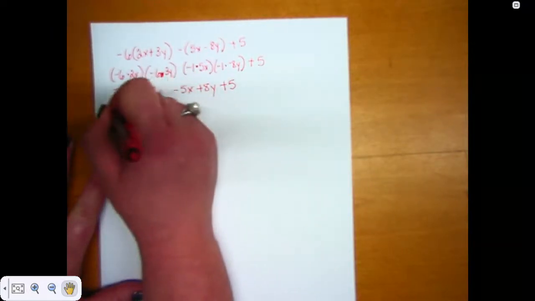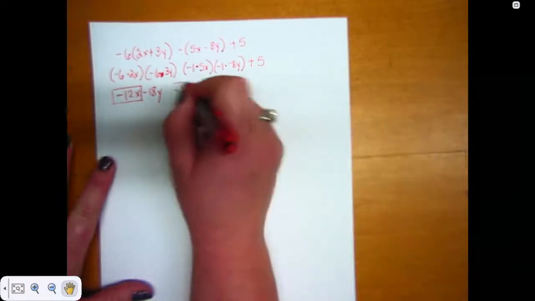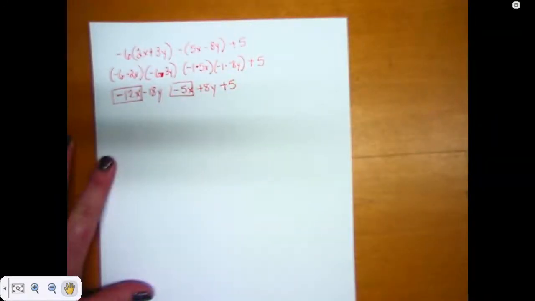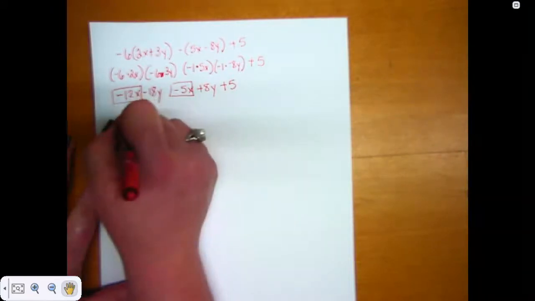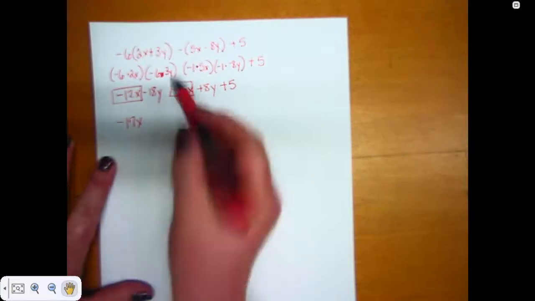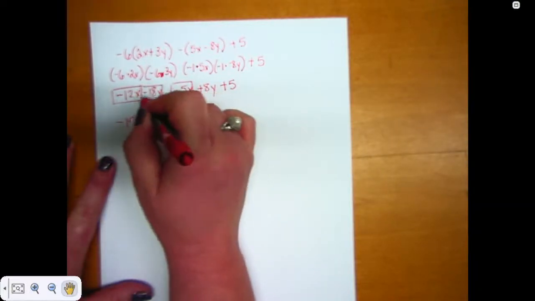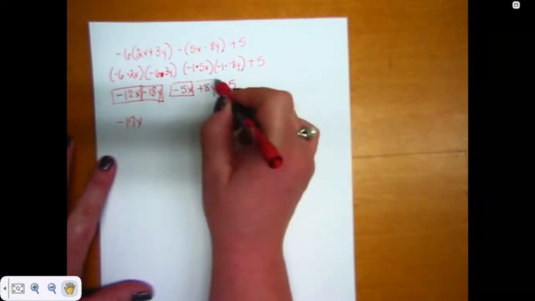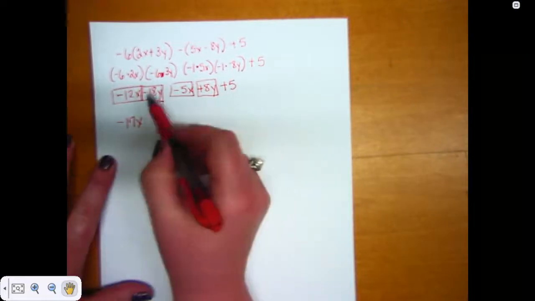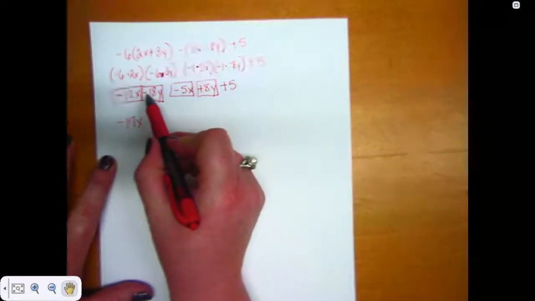So I have -12x and -5x. Their signs are the same, so I'm going to add them, and I'm going to get -17x. I still have some like terms. I have -18y and +8y. My signs are different, so I'm going to subtract and keep the sign of the largest absolute value.